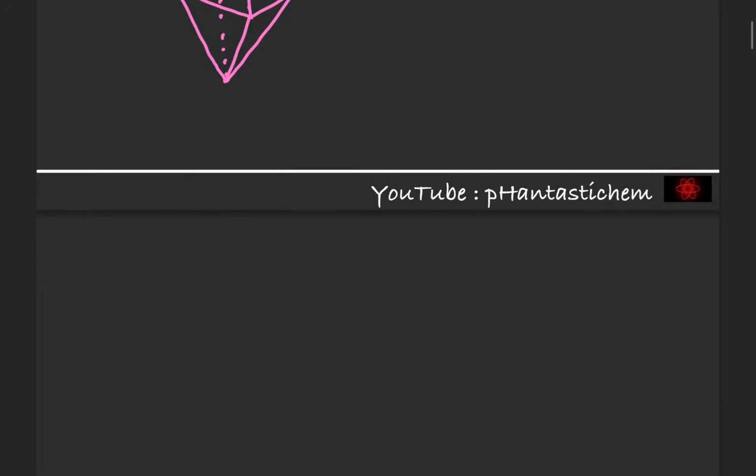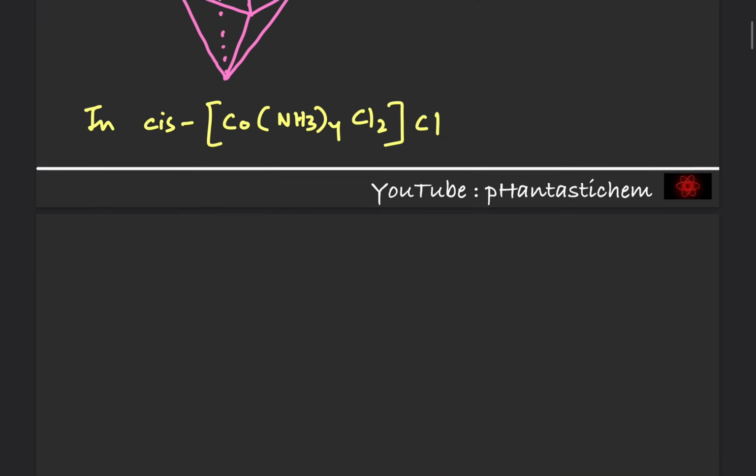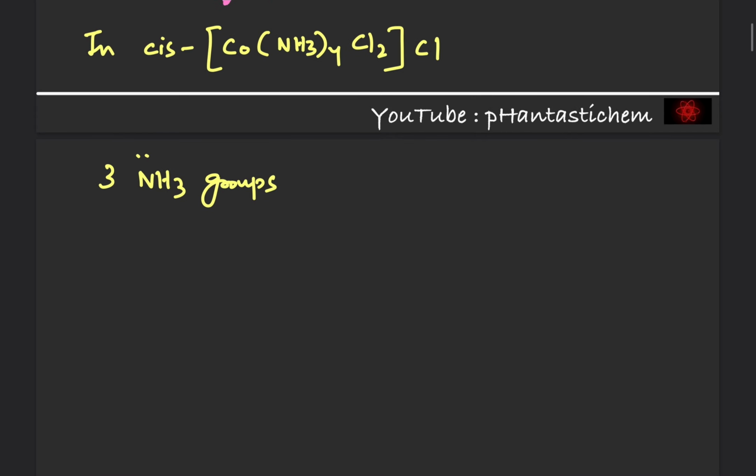So in the facial isomer, the 3 NH3 groups, or you can say three nitrogen atoms, since they are the coordinating atoms, will occupy the corners of a single triangular face of the octahedron.